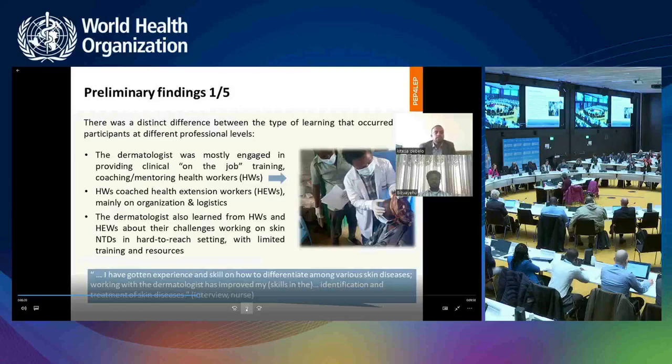There was a distinct difference between the type of learning observed among participants at different professional levels, especially for healthcare workers. The dermatologist was mainly engaged in providing on-the-job training, coaching, and mentoring health workers. The health workers in turn coached and trained the health extension workers at community level, mainly on organization and logistic issues.